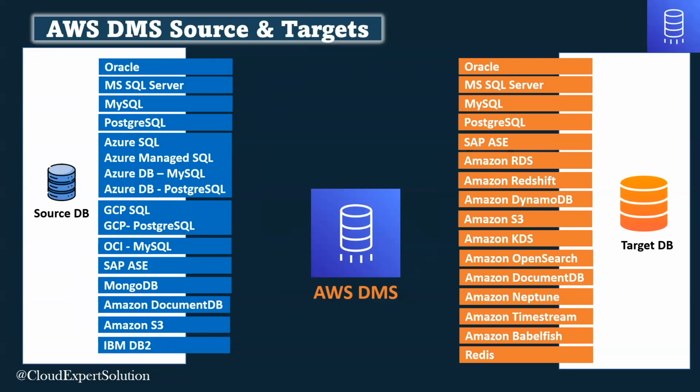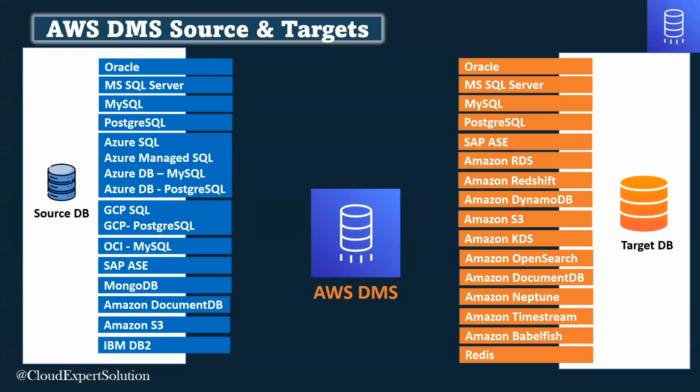Now the next question is, let's say your database is in the AWS Cloud. Will you be able to take it out from AWS using DMS? The answer is yes, but not for all databases. If you see, DynamoDB is not available as a DMS source. So if your source database is DynamoDB, then you won't be able to use DMS for DynamoDB migration.